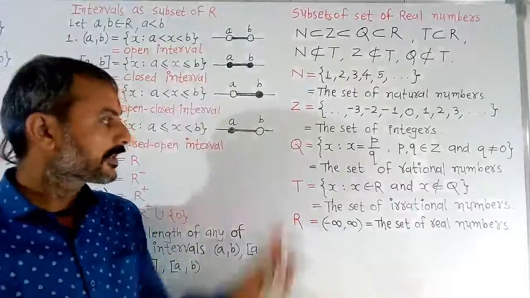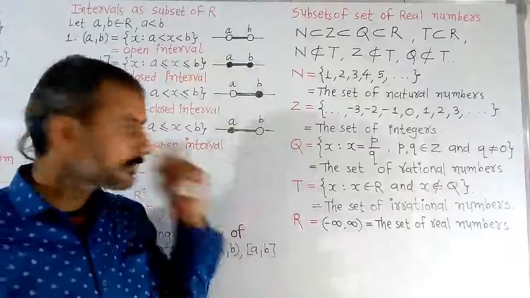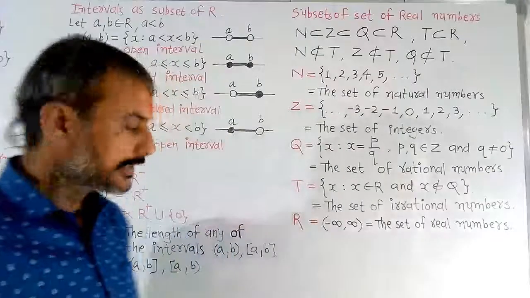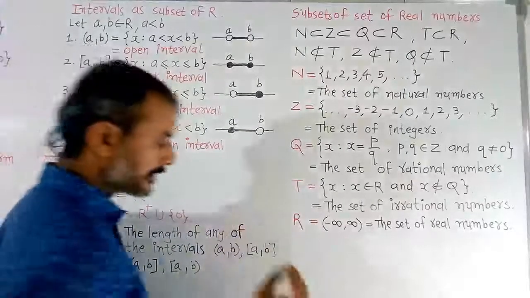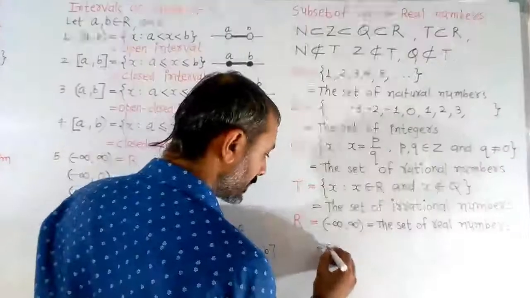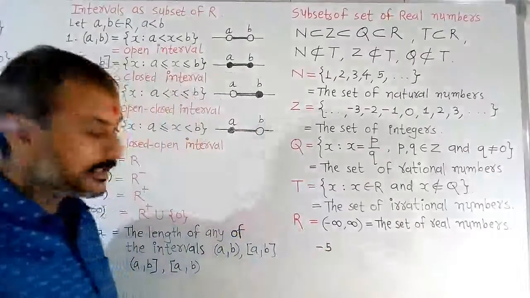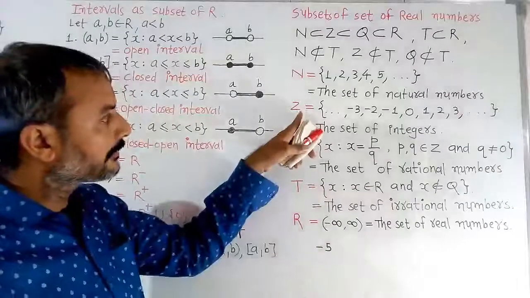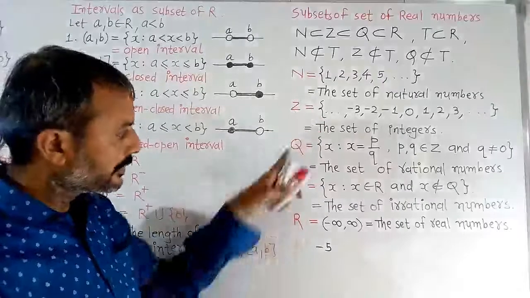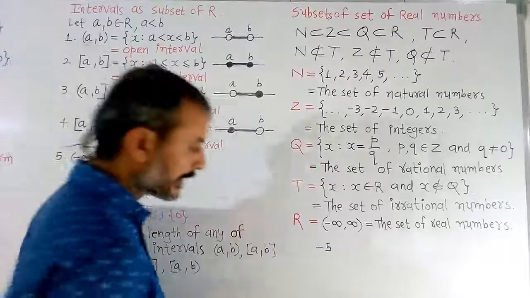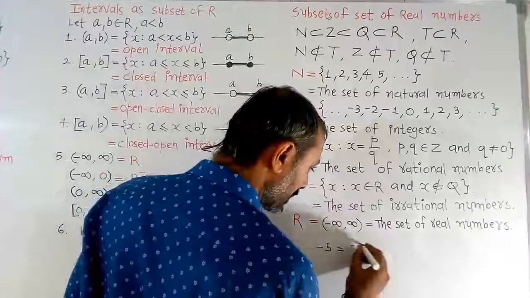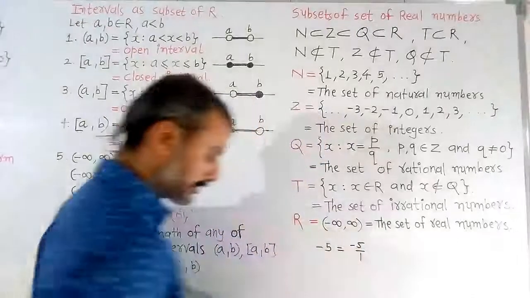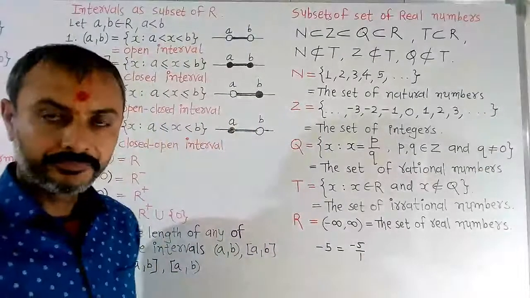Remember this. So which type of number belongs to Z? For example 5, -5. So -5 belongs to Z, and it also belongs to Q, because -5 can be written as -5 by 1. Is that clear?